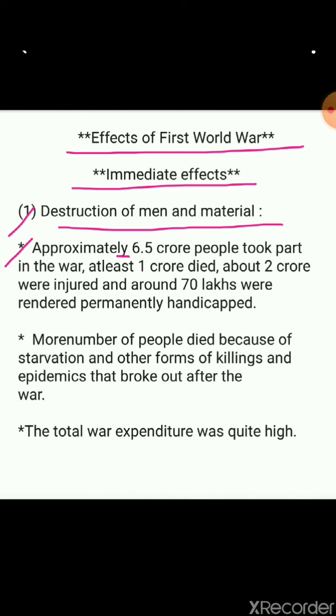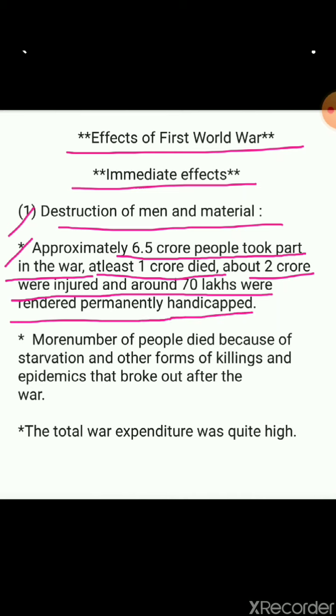Approximately 6.5 crore people took part in the war. How many people took part in the World War? That is 6.5 crore people. At least 1 crore died. 2 crore were injured and around 70 lakh were rendered permanently handicapped, totally handicapped.